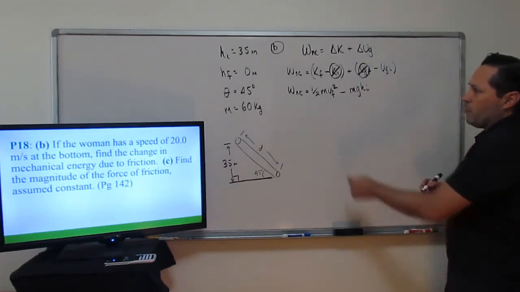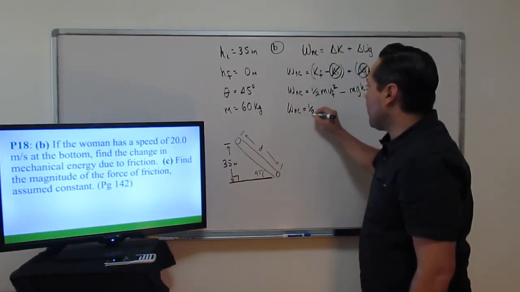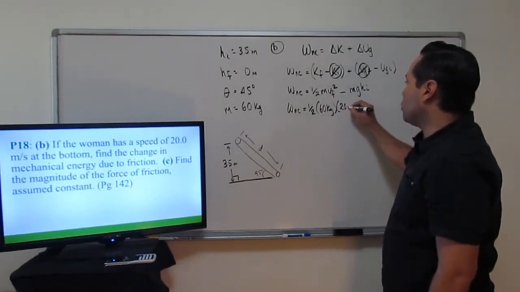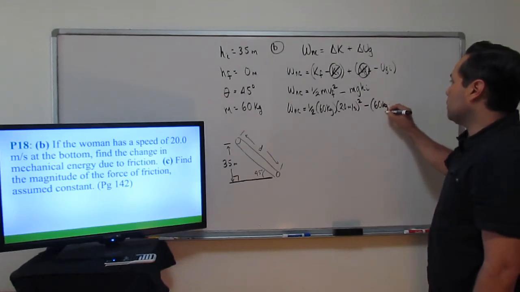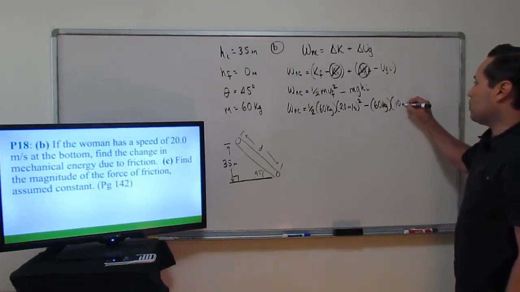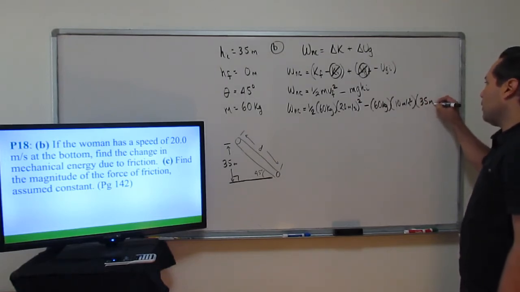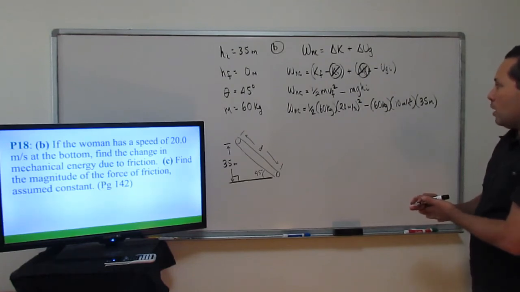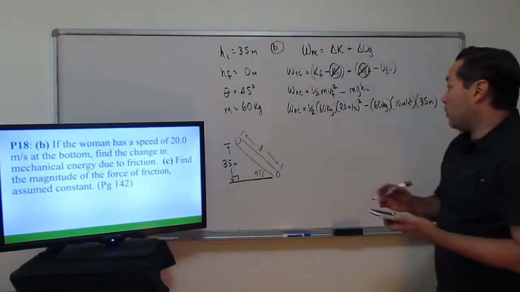Alright, we can go ahead and plug in the values now. We've got 1/2 the mass, which is 60 kilograms, times velocity, 20 meters per second, squared, minus 60 kilograms times 10 meters per second squared times 35 meters. Alright, so that would be your values plugged in. Let's get our calculator and solve for these.